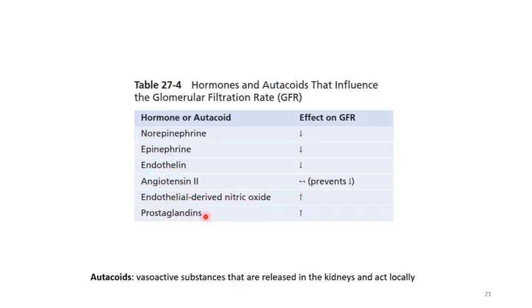Let's see how they affect GFR. As you see, the vasoconstrictors such as norepinephrine, epinephrine, and endothelin reduce GFR, and vasodilators such as nitric oxide and prostaglandin increase GFR. And angiotensin II prevents reduction of GFR. Let's consider them one by one.